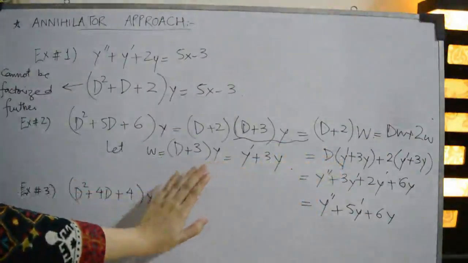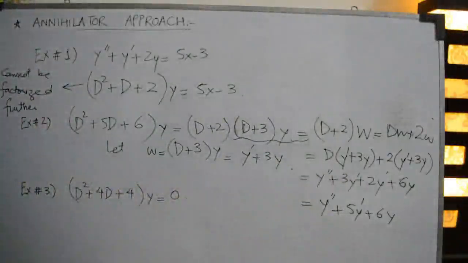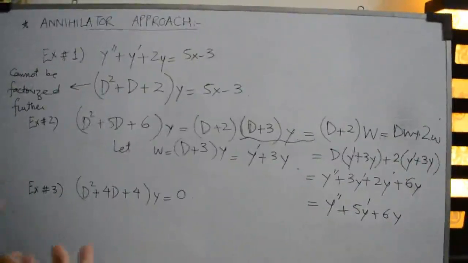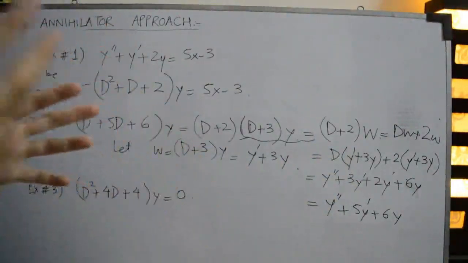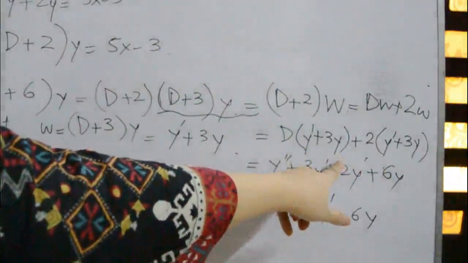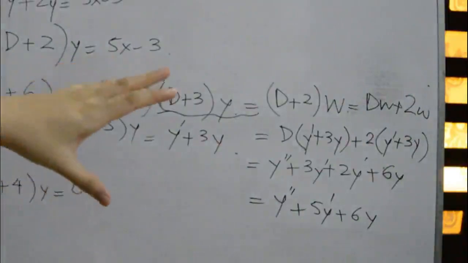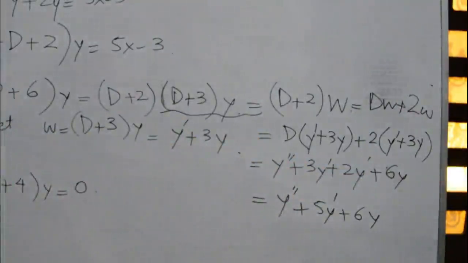If I replace w as y dash plus 3y, then D of y dash, that means d²y/dx², y double dash plus 3y dash, and plus 2y dash plus 6y, that makes it y double dash plus 5y dash plus 6 into y.